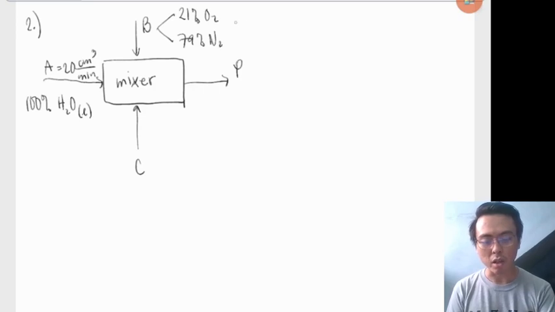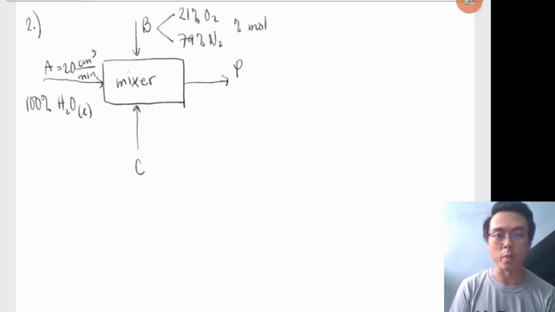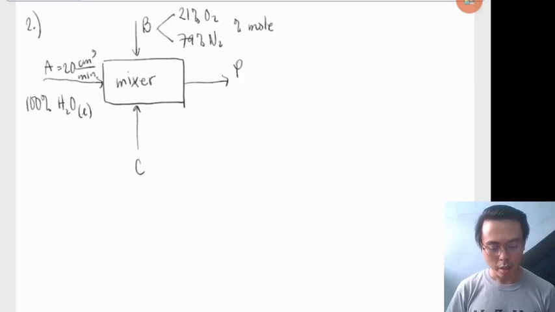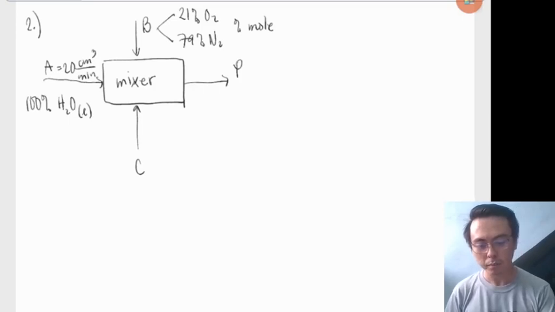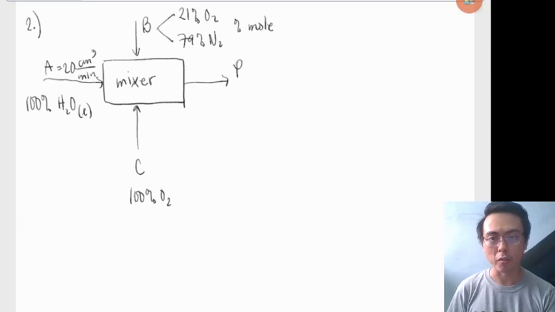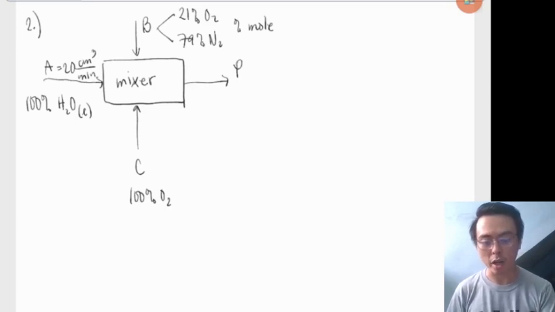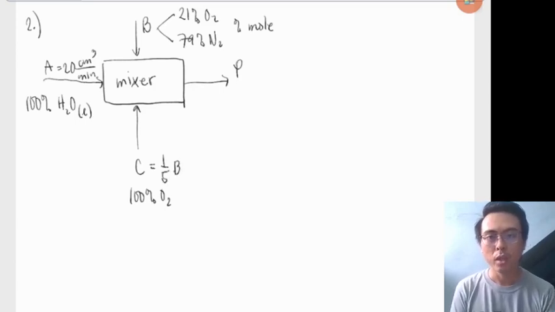Keep in mind that these are percent by mole values because they are gaseous. And then C is pure oxygen. And it was stated that the flow rate of C is 1/5 the molar flow rate of stream B. So therefore, we can write a relationship wherein C is equal to 1/5 of B. So that is your entire diagram.